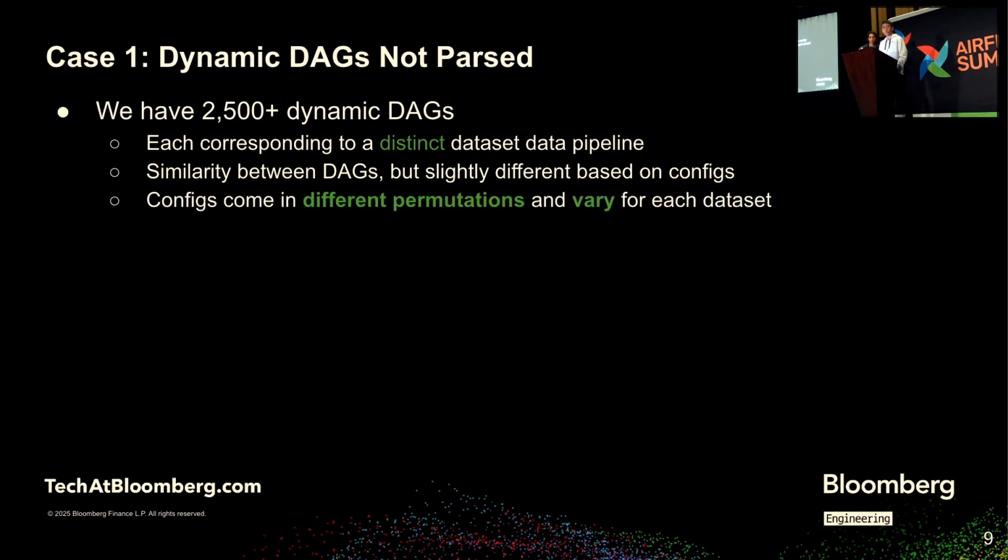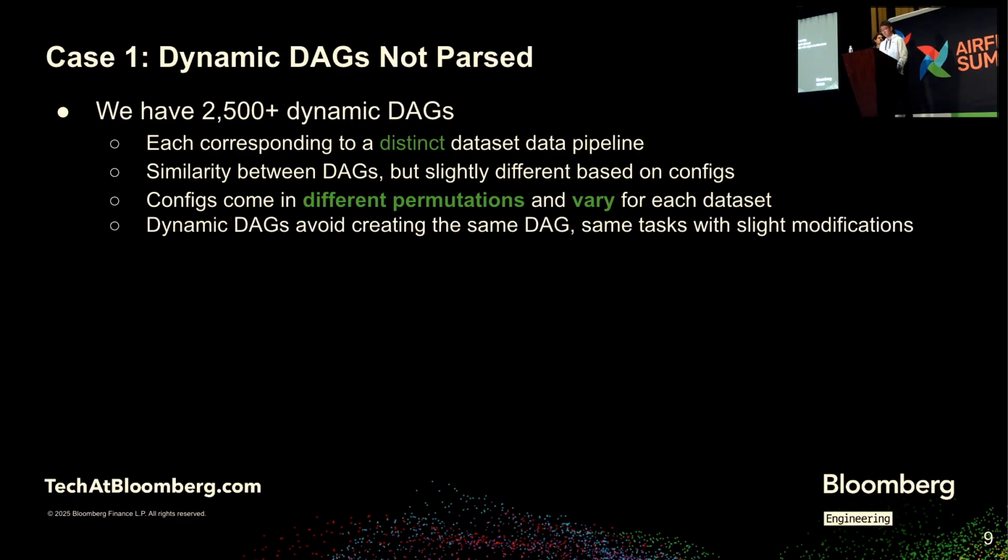Each dataset comes with its own combinations of parameters, and those parameters vary for each dataset. By generating these DAGs dynamically, we avoid having to create nearly identical DAGs manually with the same tasks, but only minor variations. In the next slide, I'll walk you through how we actually generate all those dynamic DAGs and why this approach eventually created our first issue and how we use the configurations to solve the issue.